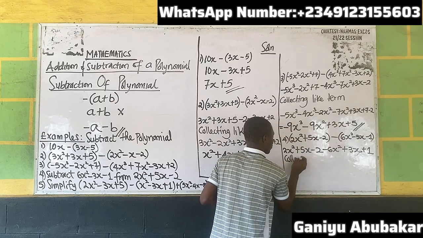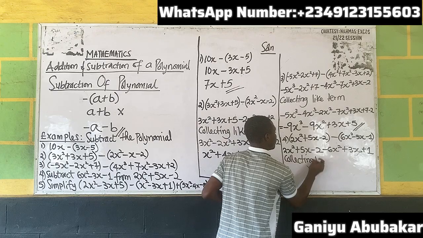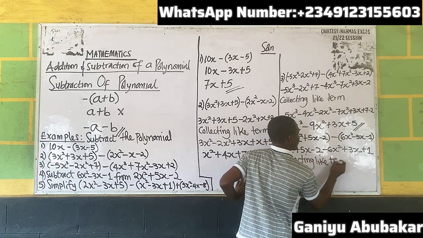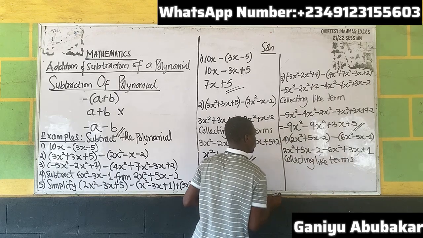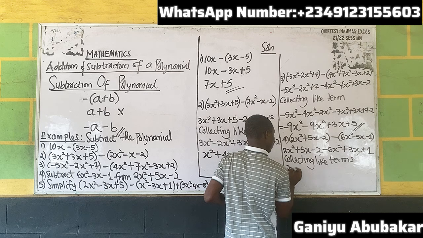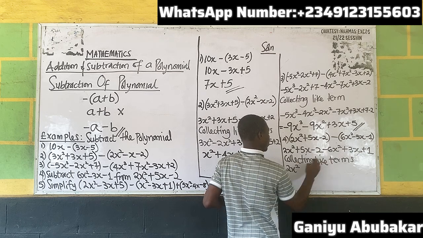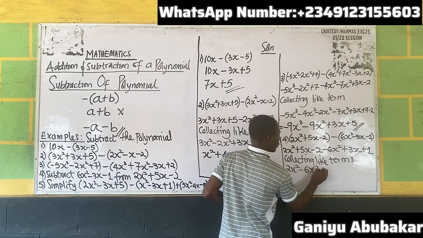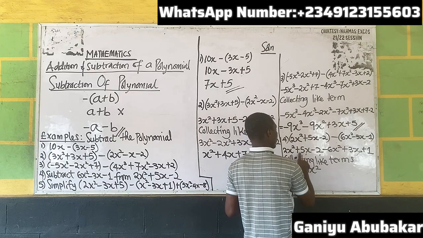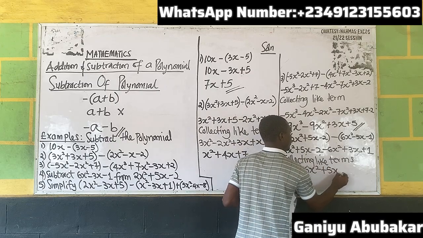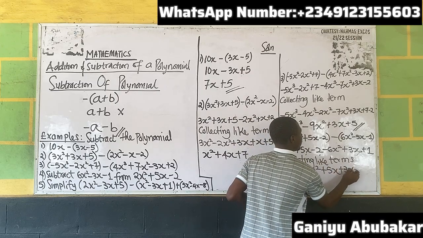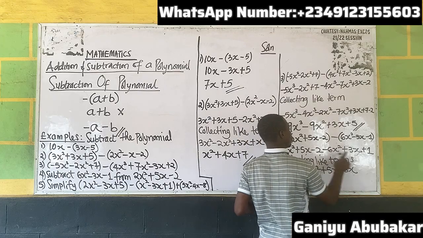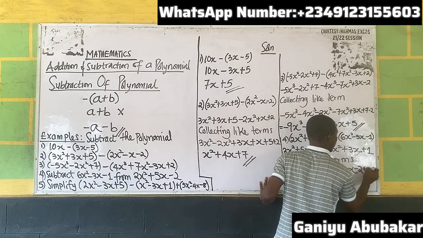So collecting like terms, that gives you 2x squared minus 6x squared, plus 5x plus 3x, then minus 2 plus 1.